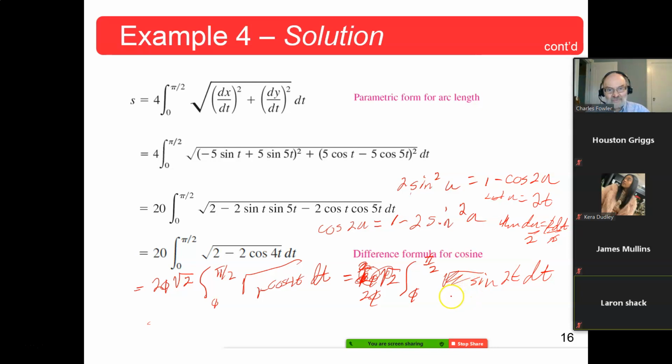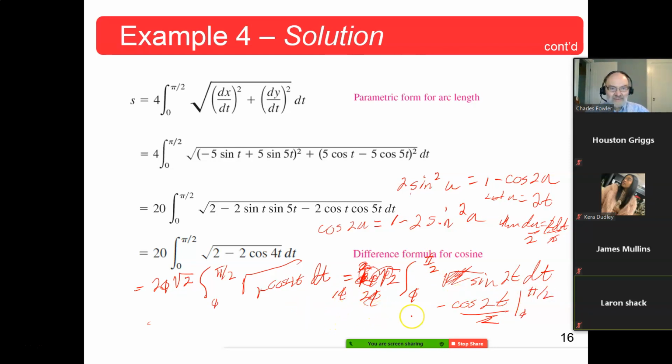And you can do a u substitution or whatever there, and lose the square root sign, and you get minus the cosine of 2t over 2. Then that 2 divides into this and goes back to 10 again, 10 root 2. And evaluate that from 0 to pi halves.